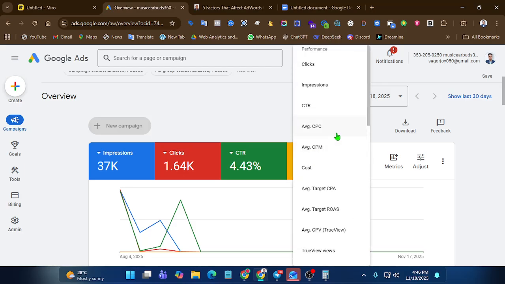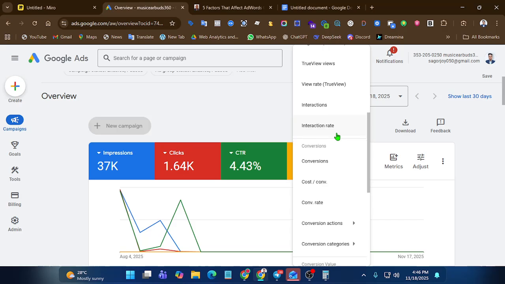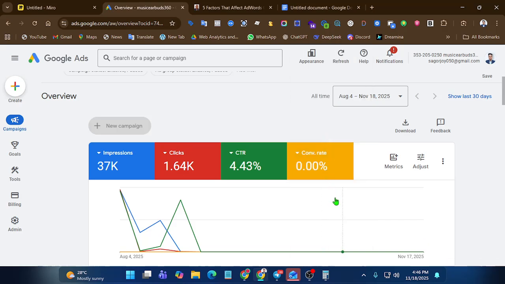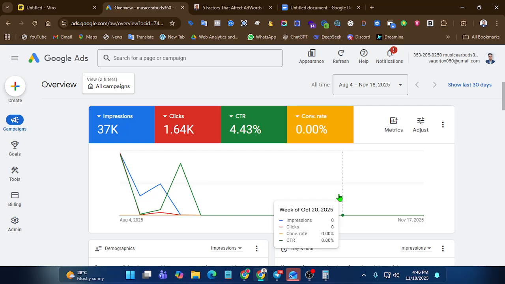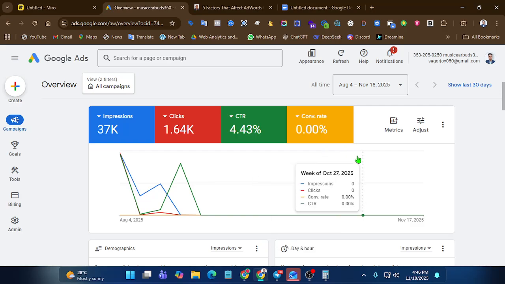Then one more option, conversion rate. This tells you out of the people who clicked on your ad, how many actually converted.